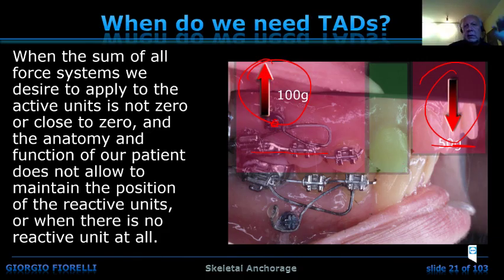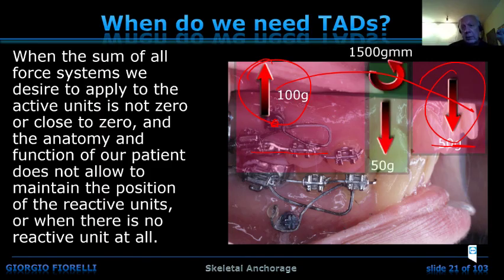Just consider that these are the two forces we need to apply. This 100-gram intrusive force on these posterior teeth and an extrusive force of 50 grams. Is it possible to make this movement without any kind of anchorage? The answer is no, because these two forces are not in equilibrium.